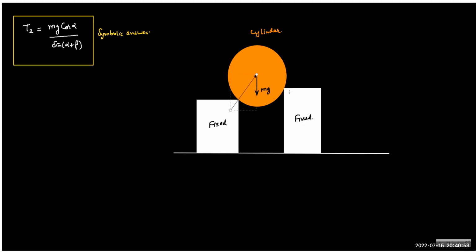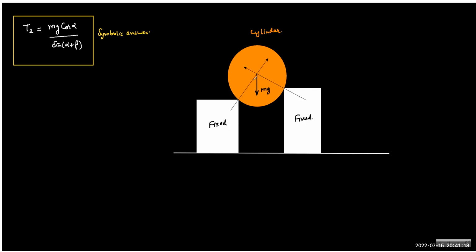Again, even if you don't know this, totally okay. And this force, the push from this side, will also push the center by some force. And you need not worry much because everything will be given to you.